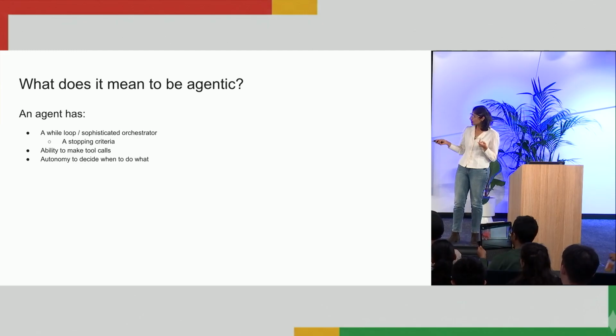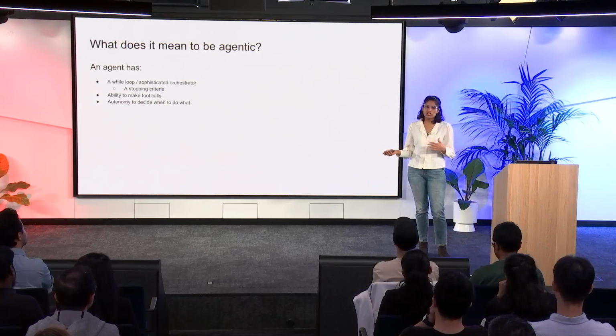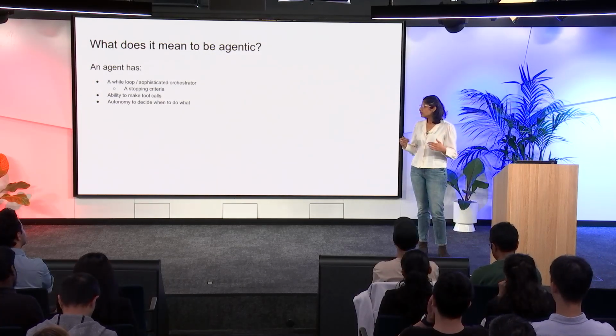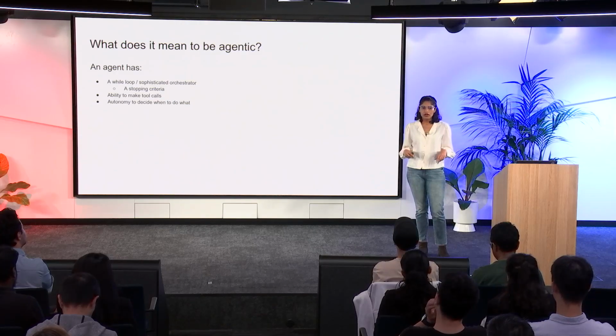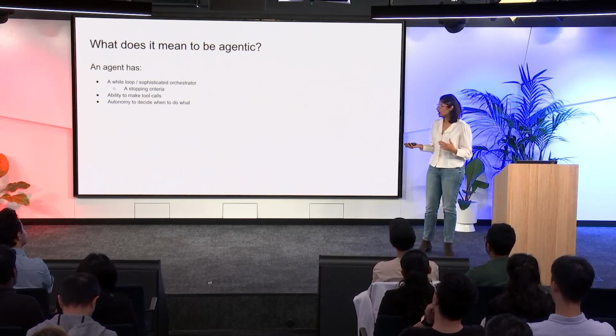And based on thinking and reasoning, the autonomy to decide when to do what. So there's an element of autonomy here, which is what differentiates agentic applications from non-agentic ones. And then the tool calling is the thing we call action, right? So you're either getting some data or you're changing something. So that's how loosely agentic is defined.